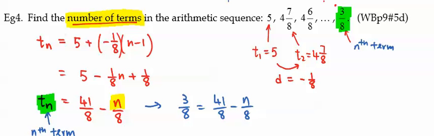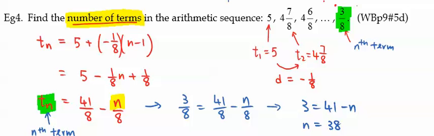So if I continue to solve for n using this equation, seeing how everything has the same denominator, that means I can simplify this equation to 3 equals 41 minus n, or n equals 38. So that means we will end up with 38 terms in this particular sequence.